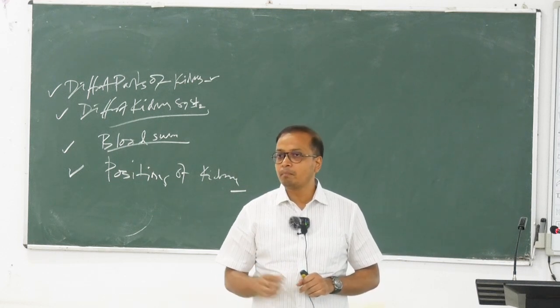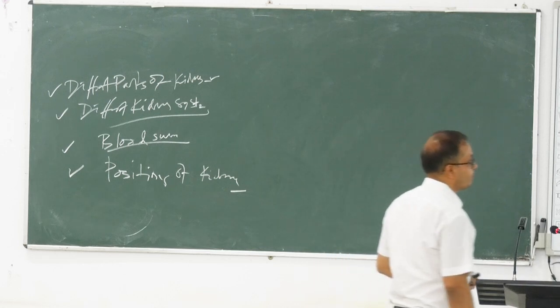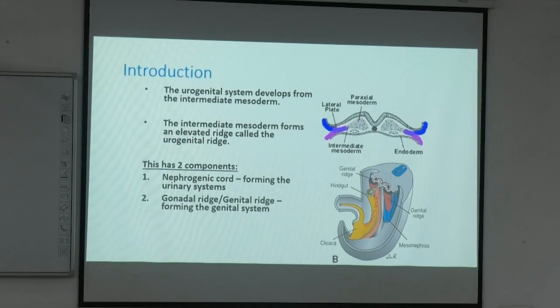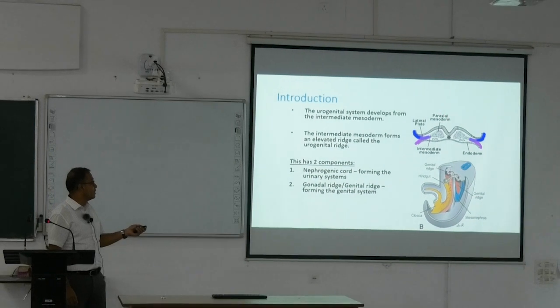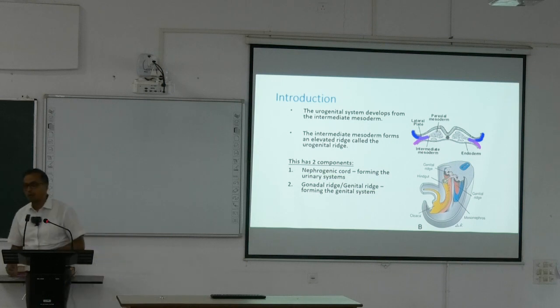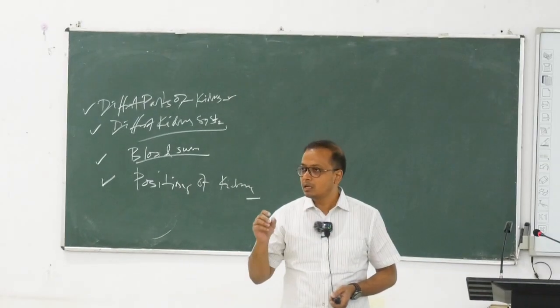In between this lateral part and the medial part, the paraxial mesoderm, we have a very short in-between layer. We have this layer present between the lateral plate and the paraxial mesoderm. We have a small strip of mesodermal tissue, which we call the intermediate mesoderm. Now, from this intermediate mesoderm, the kidney develops.